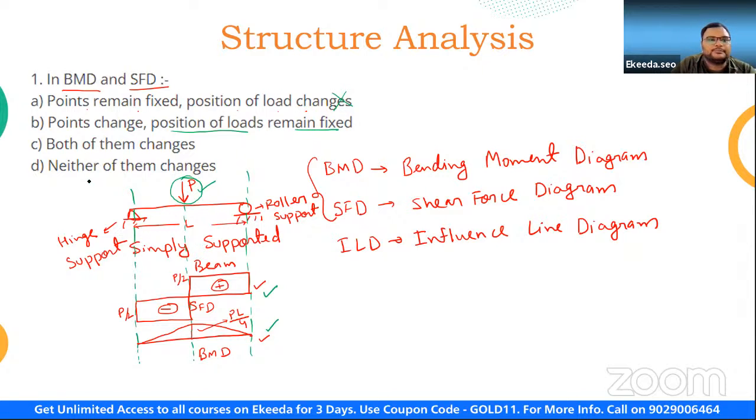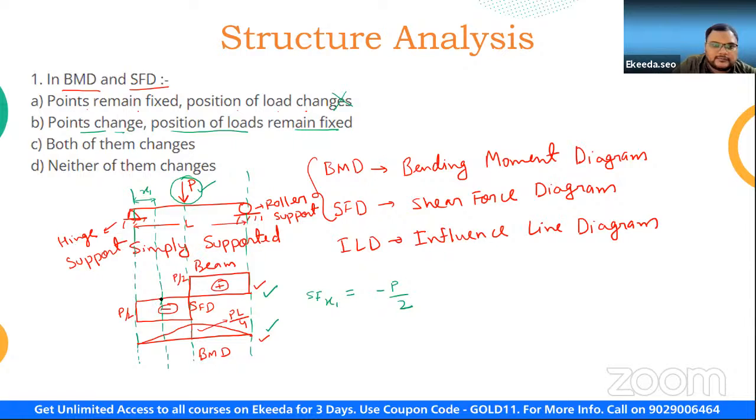Position of load never changes. What changes is the points. See here, at first we have taken, let us say, some point x1. At x1, what shear force can I get from here? The shear force at x1 will be minus P by 2.